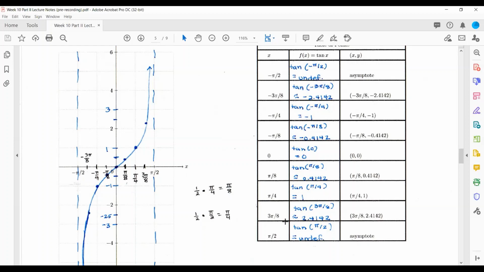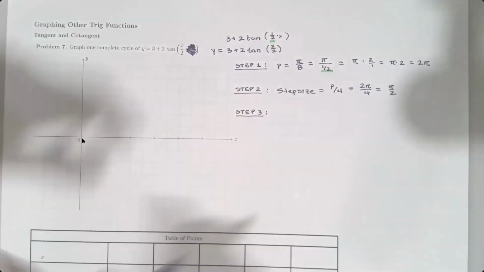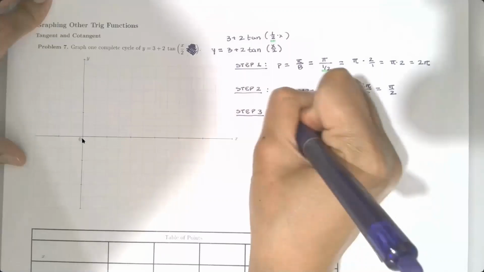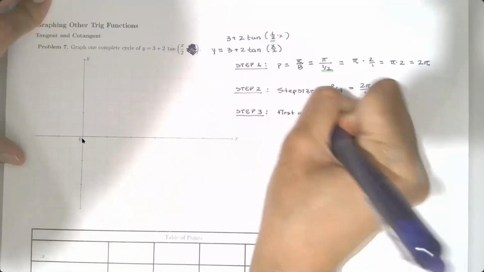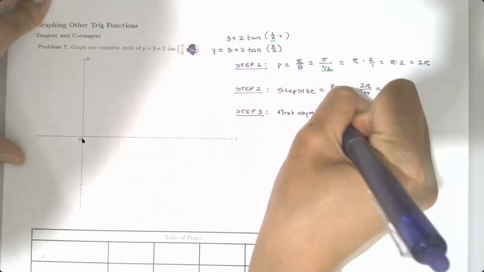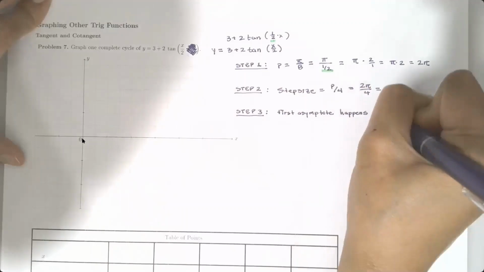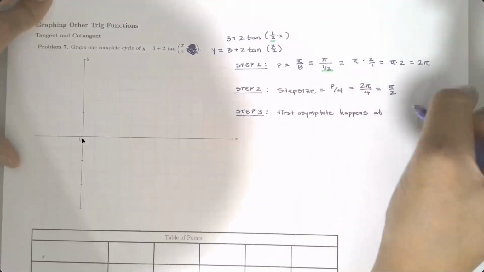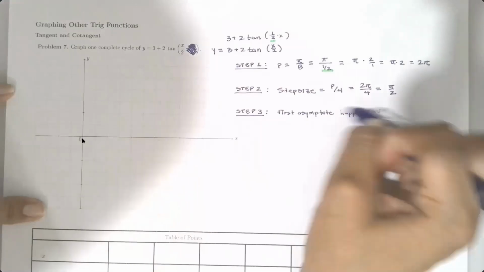Okay, so let's just write that down and try to think about how it's going to modify the work that we do. Okay, so the first asymptote happens at, okay, actually, let me write it this way.